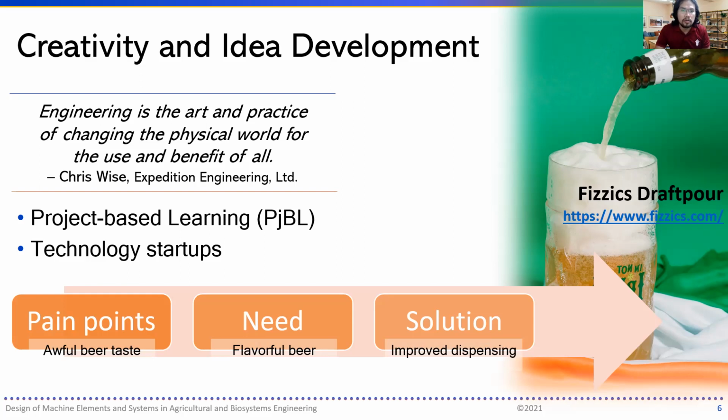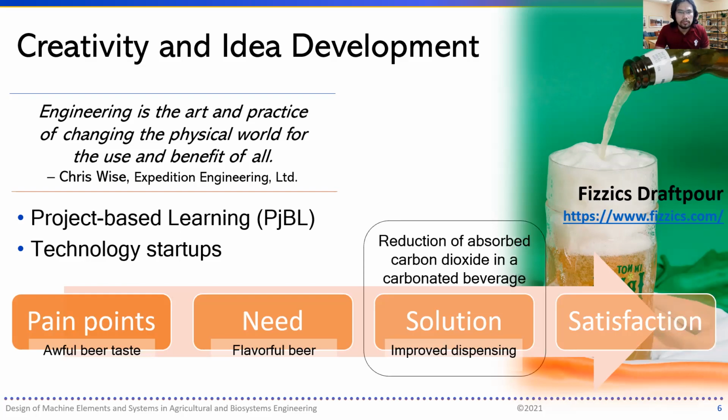And this is where the product Physics Draft Pour comes in. You can go to the link www.physics.com to look up the product and see what it has to offer. But I'll be delving into the solution that the product offers, and also how it works, because it is patented, and so it has been disclosed to the public. And this now leads to satisfaction.